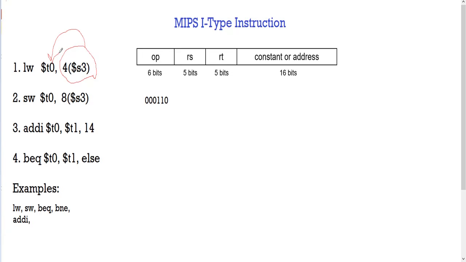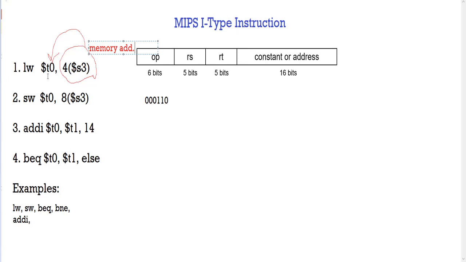So the 4 and then the bracket with the S3 register inside, what does this represent? It represents a memory address. And the contents of this memory address are going to be loaded from the memory into the T0 register.